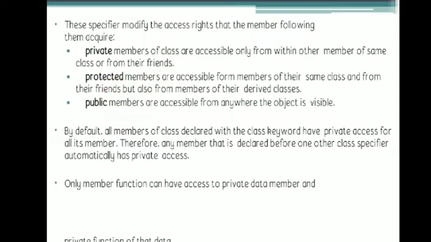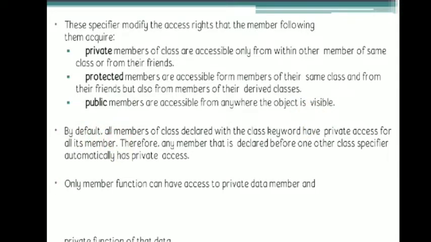Protected members are used only in inheritance, where the derived class and the class members can access them, and the friend function can also access them. Only the derived class, the members of the same class and the friend function can access it. Public members can be accessed by all the objects as well as all the members. So it is visible to the entire program.